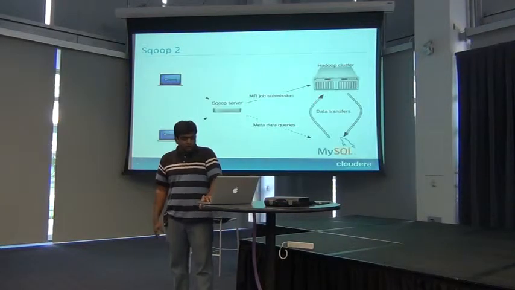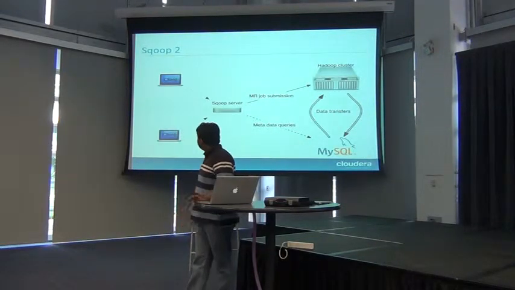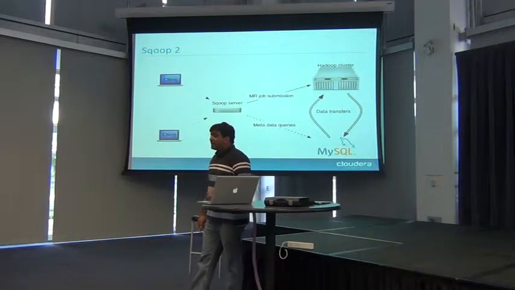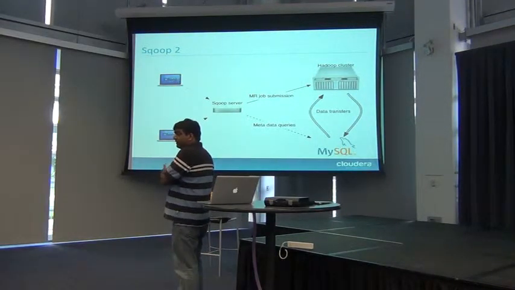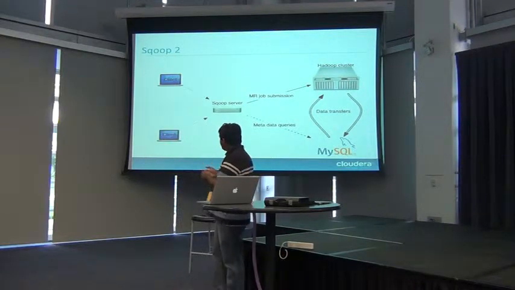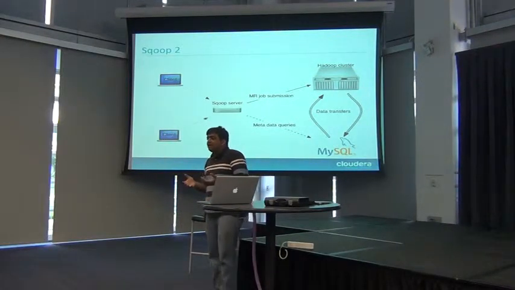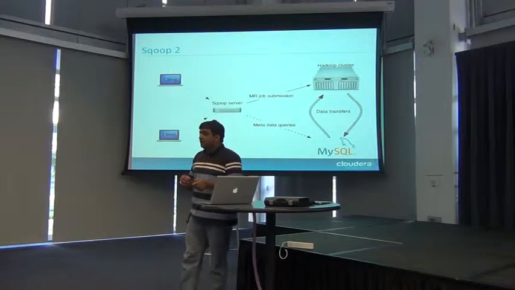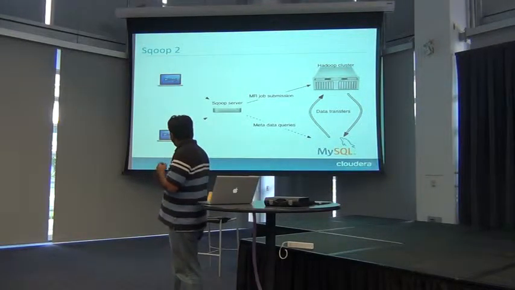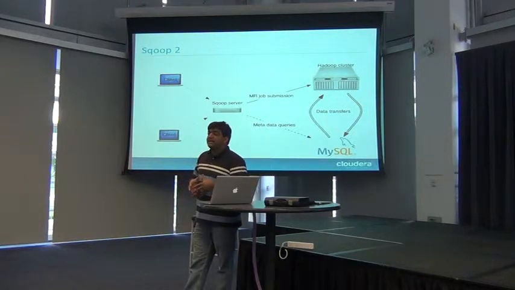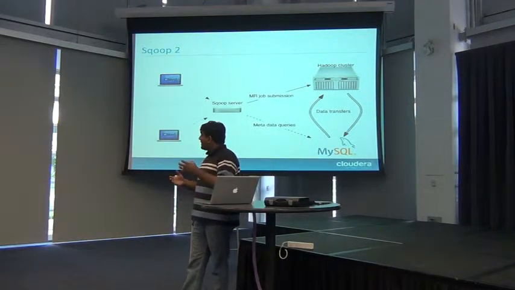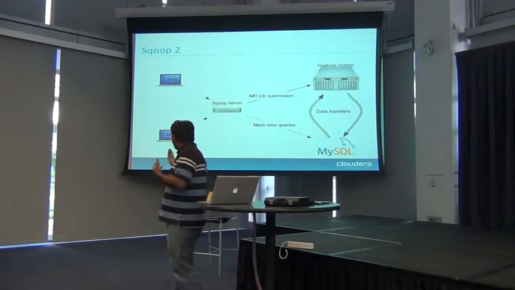So welcome Sqoop 2. What we changed in Sqoop 2 was instead of actually having clients do all the work, we brought in a Sqoop server. Sqoop server sits in between, and it has an HTTP REST interface. So the connections are made from the client to Sqoop server, and the client basically configures a bunch of things, and then says, okay, transfer this data from database A to Hadoop.